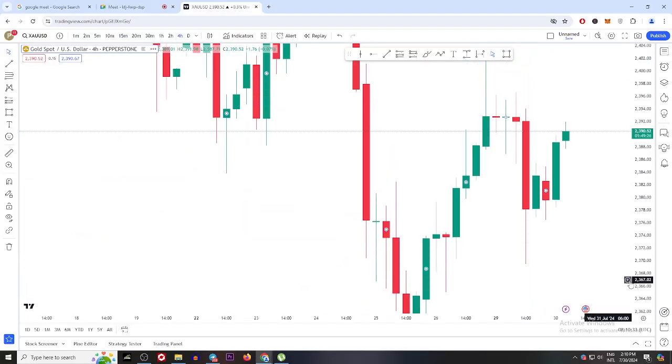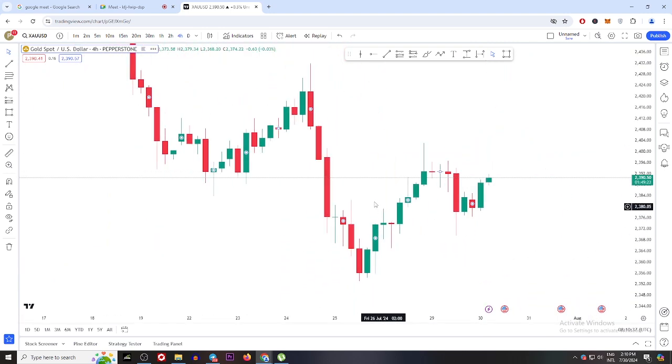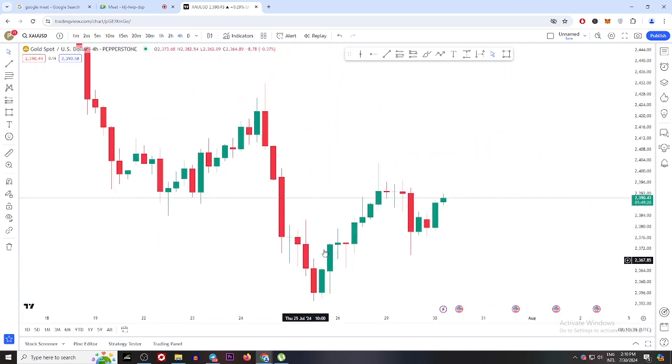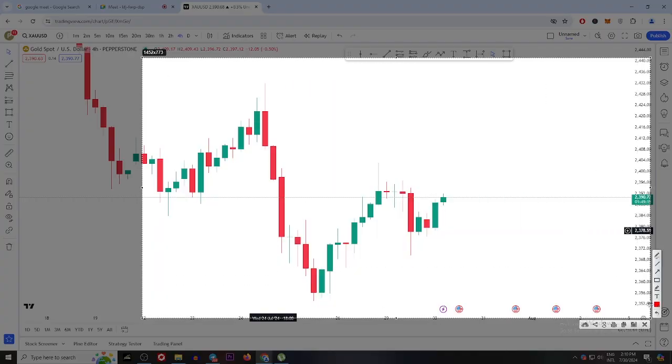Everything we see in the chart is a combination of green and red color. Let me show you something. What do we have here? An engulfing buy. Here, nothing, but here an engulfing buy.